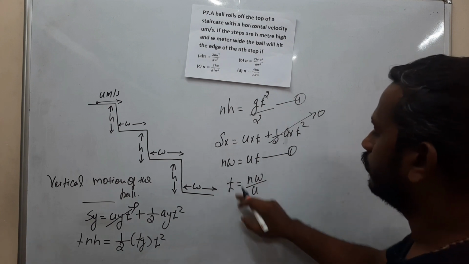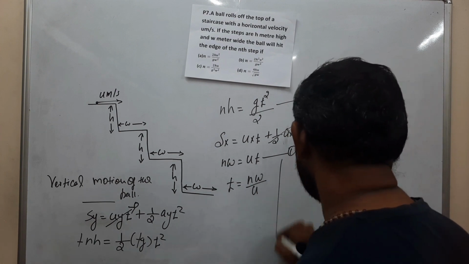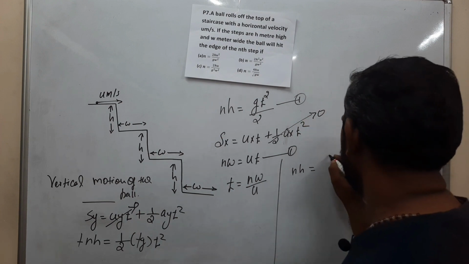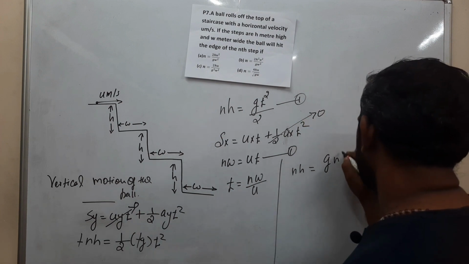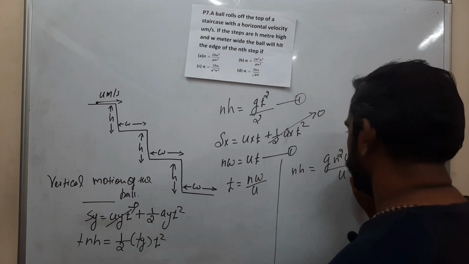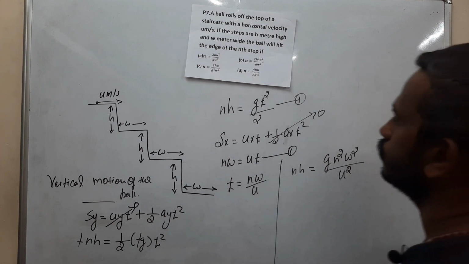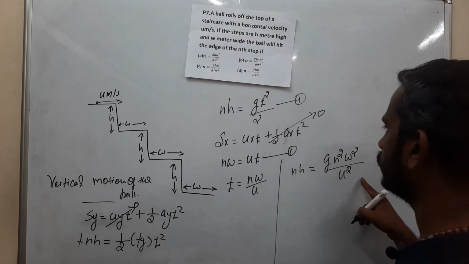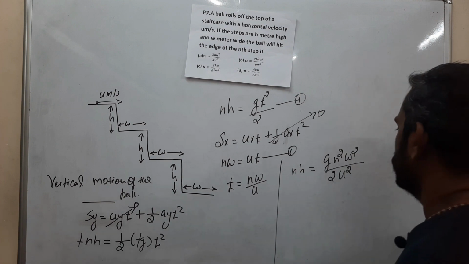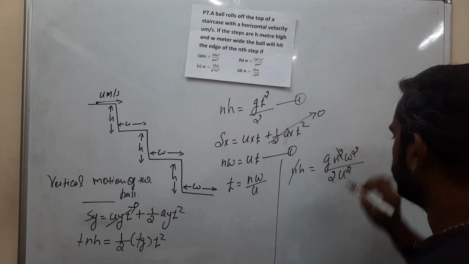Substitute the value of t in the first equation. So nh is equal to g into n square w square divided by 2u square. This n and this n cancel.